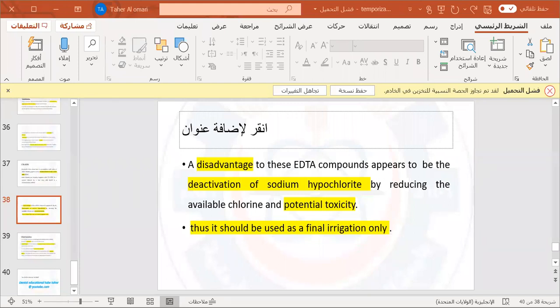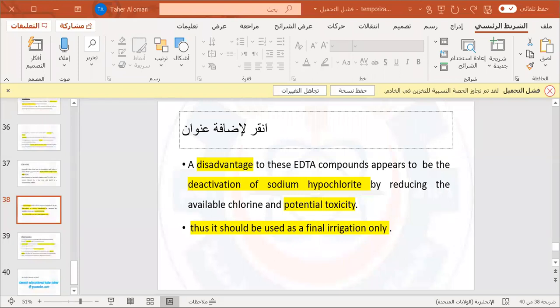I mean, in the sequence of step back, we cannot alternate EDTA and sodium hypochlorite. It was a suggestion before that we can use them together in the cleaning and shaping and in the step back, but the problem is that EDTA will erode the dental tubules and the internal structure of the dentine. So it is advised only to be used as a final irrigation.